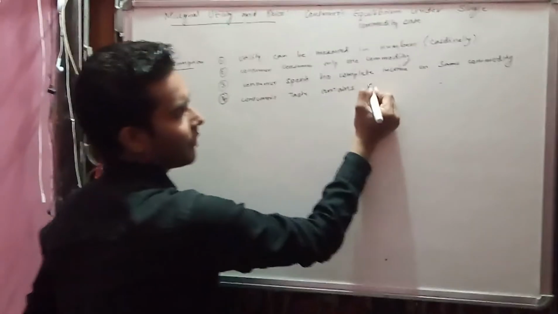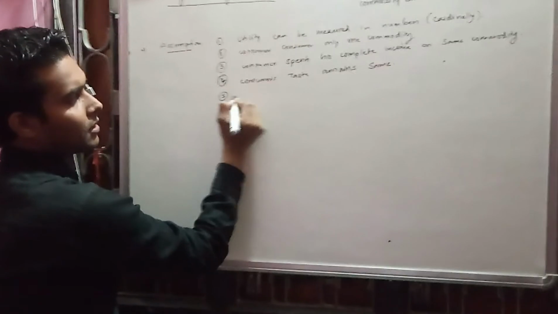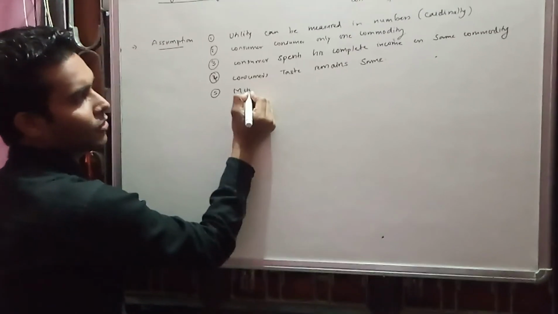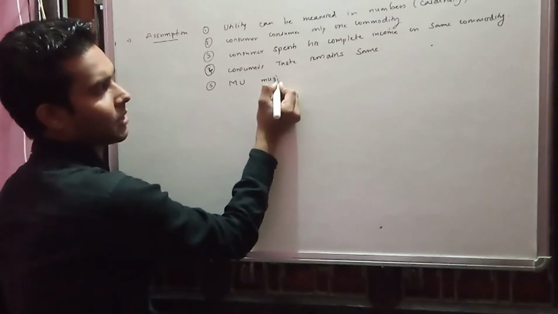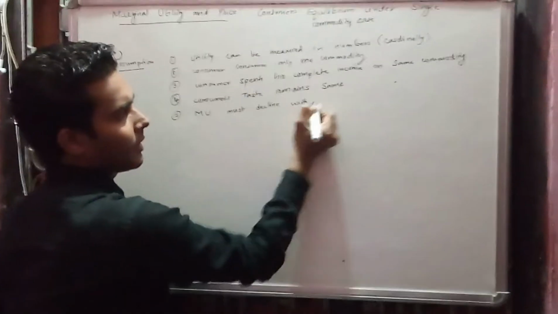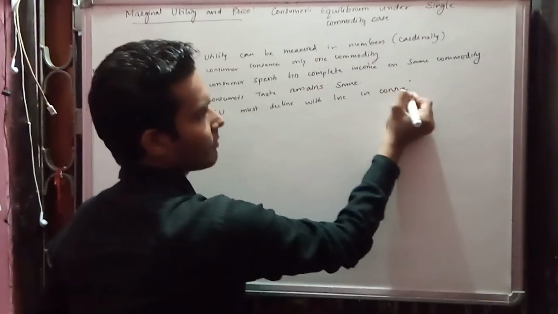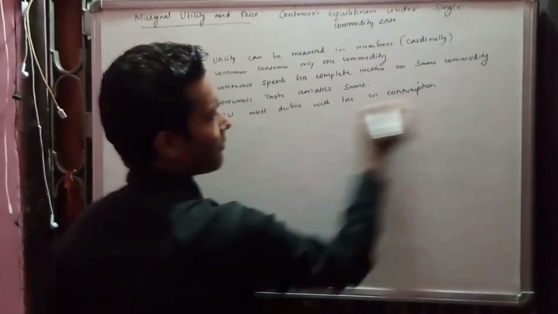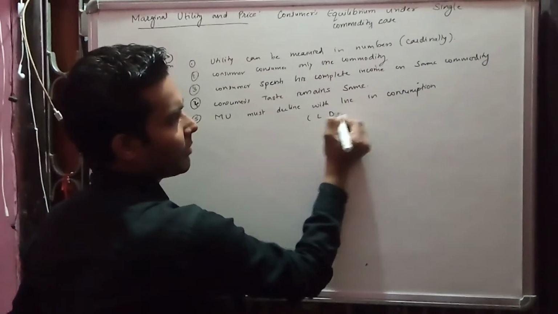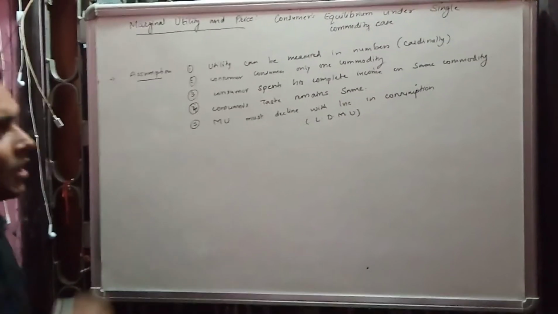That is, taste and preference remain the same, they won't change. Next, marginal utility must decline with increase in consumption. That is, the law of diminishing marginal utility holds.